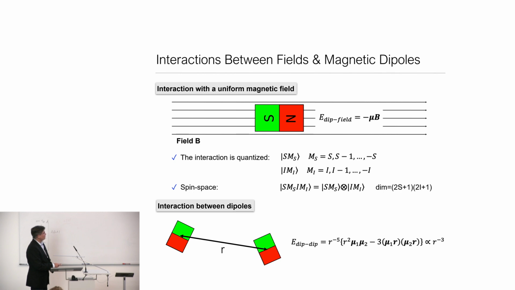And this term here is the projection of the dipole moment on the vector pointing from the center of one dipole to the center of the other, and the whole thing is proportional to the inverse cube of the distance between the two bar magnets, meaning that this is an interaction that dies down relatively quickly.